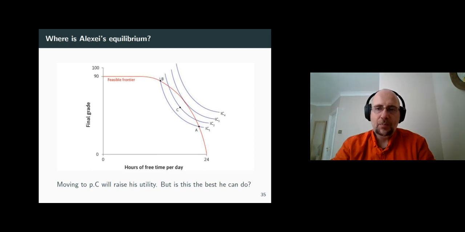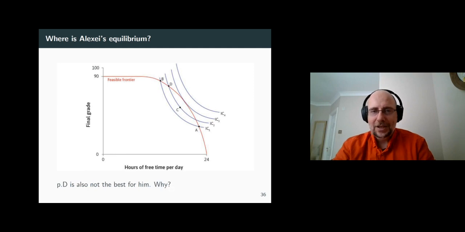For example, they can get point C. Point C is definitely better than point A and point B. But we know that if the consumer chooses any point within the feasibility constraint, he's wasting resources, right? So how about point D? Point D is equally good as point C, and the consumer is not wasting any resources by choosing point D.